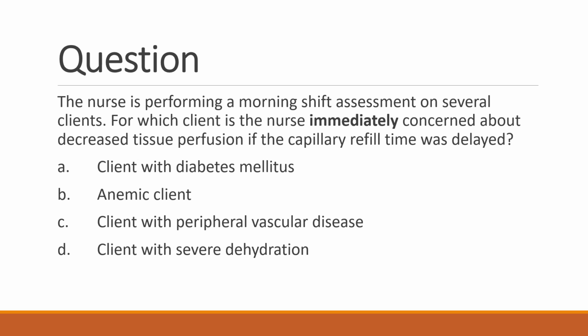And finally, the nurse is performing a morning shift assessment on several clients. For which client is the nurse immediately concerned about decreased tissue perfusion if the cap refill time was delayed? The client with diabetes mellitus, the anemic client, the client with peripheral vascular disease, or the client with severe dehydration?